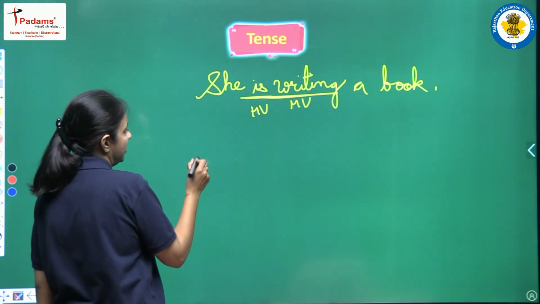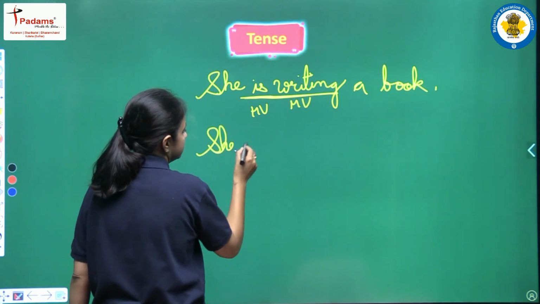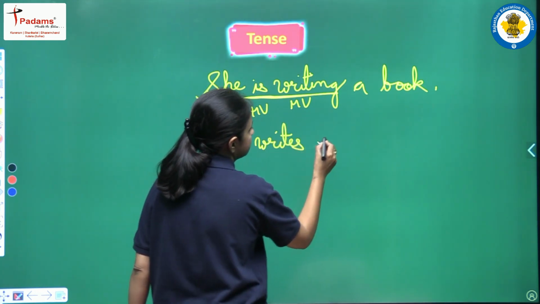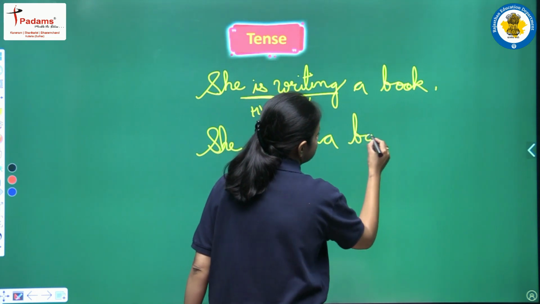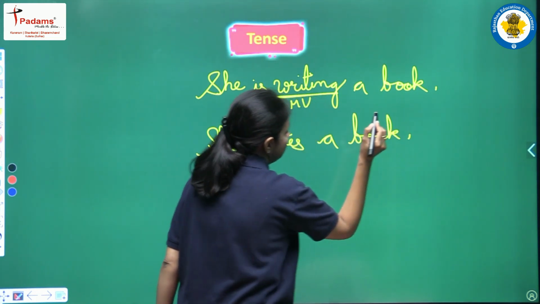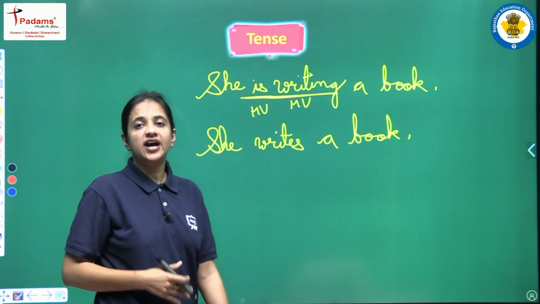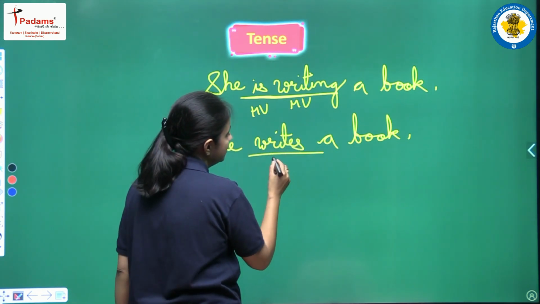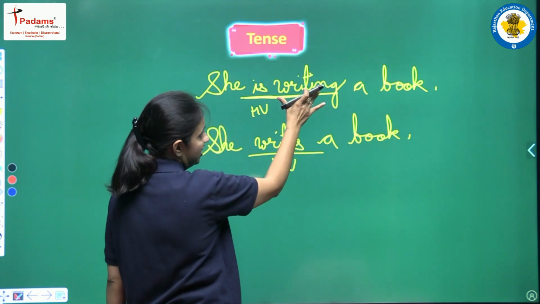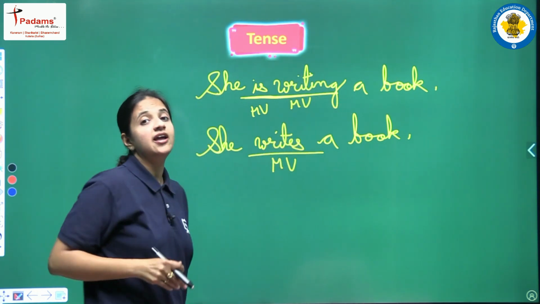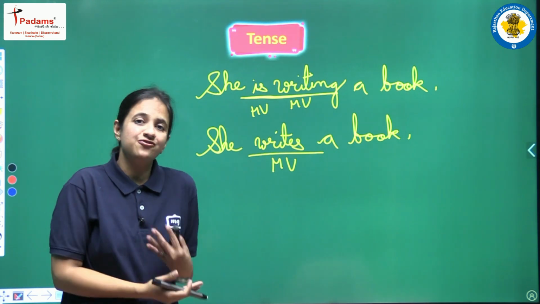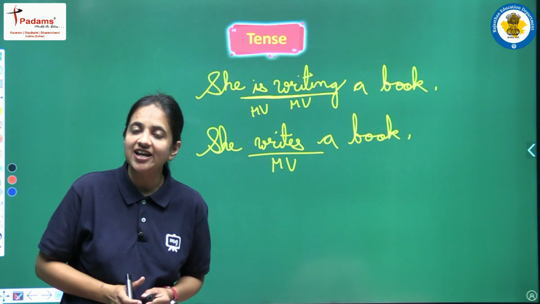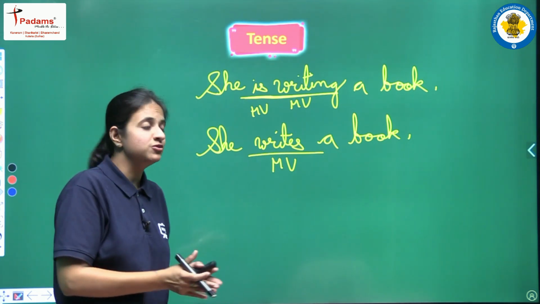Second sentence we are having, she writes a book. So now we can see that we are having a different form of write here in this sentence, and here we are having writes as a main verb. Here we are having writing, and here we are having write. So these are the different forms of the same verb. Okay, the verb is the same, that is write, but we are having different forms of write.